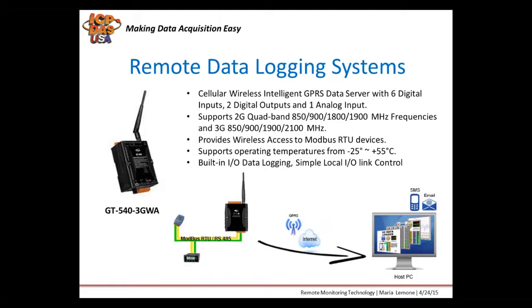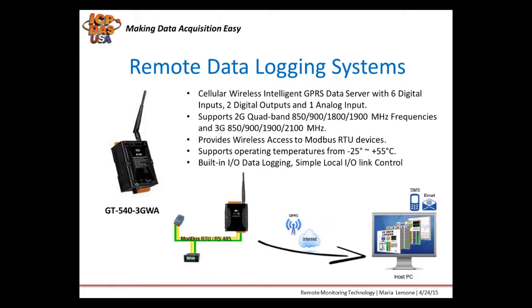The local I/O data can be stored in the SD card to become a remote data logger. For another communication path, GT543GWA offers the email mode to transfer the data by email via 3G for users to choose. The simple I/O linkage function of GT543GWA can reach the real-time control in local field.